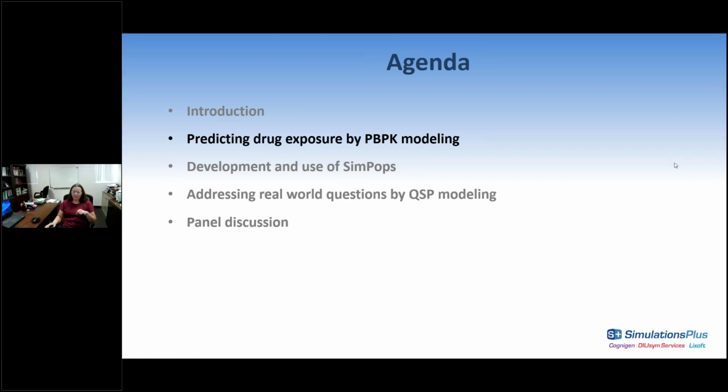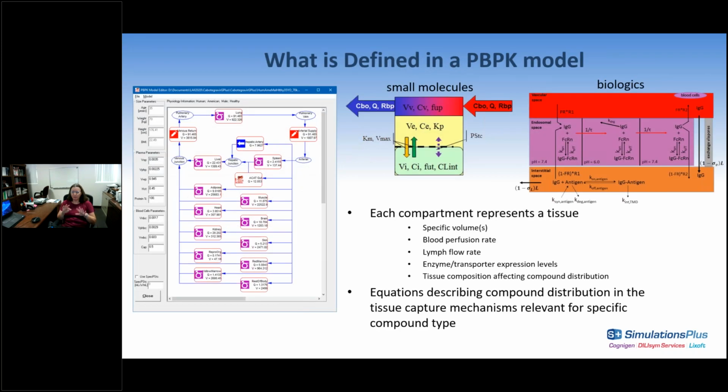Thank you, Kyunghee. We'll start at the beginning. Let me talk a little bit about PBPK modeling and why it is such a great platform for predicting or characterizing the concentrations at the target site. The picture on the left is a general schematic of a PBPK model.